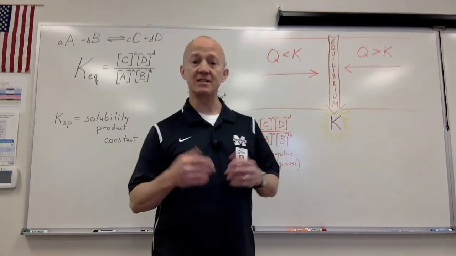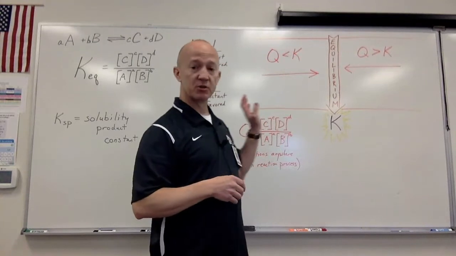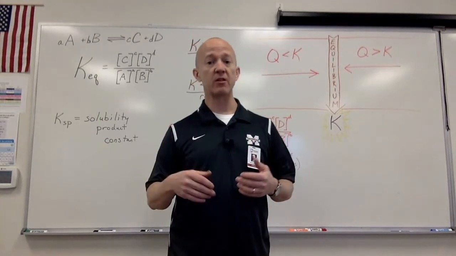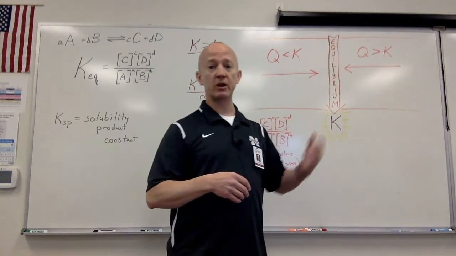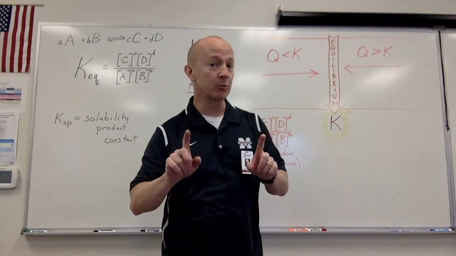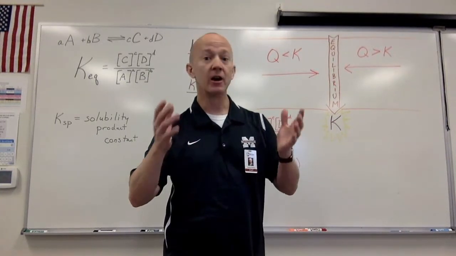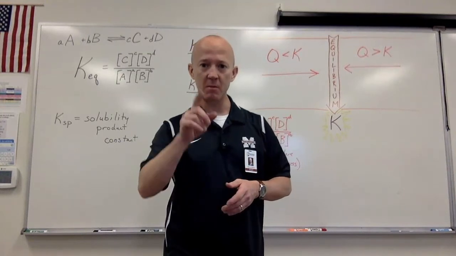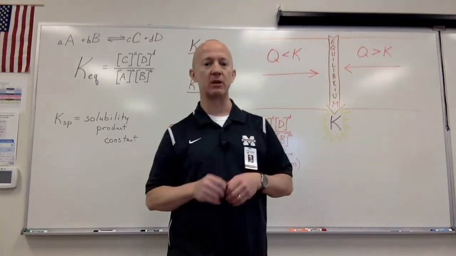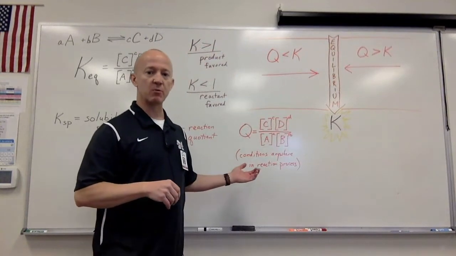So if Q is less than K, it means the reaction is still proceeding toward equilibrium. If Q is greater than K, it's proceeding back toward equilibrium. And if Q equals K, you're at equilibrium, aren't you? Remember that. If Q equals K, you're at equilibrium. We find Q the same way we do for K.